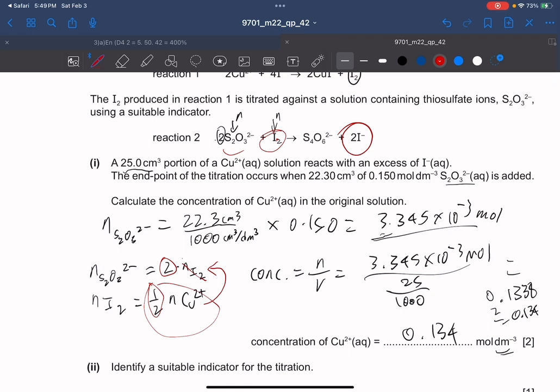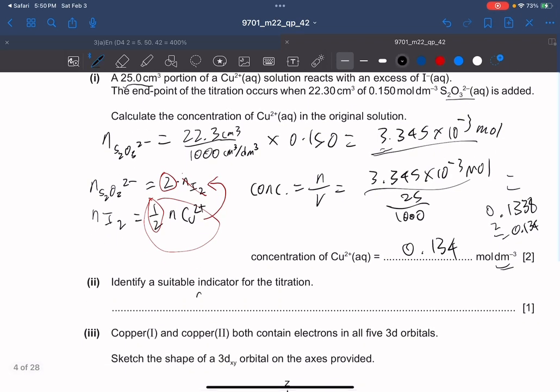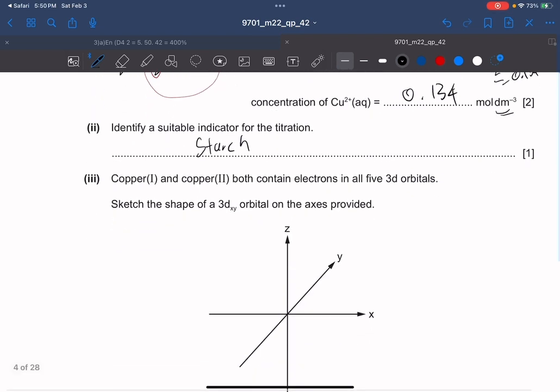So that's essentially what's happening here in the reaction. The moment that iodine disappears, that means there's no more blue starch. So starch. Okay, so we're going to be moving on to the next question.